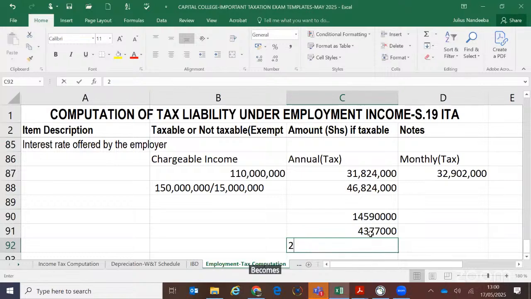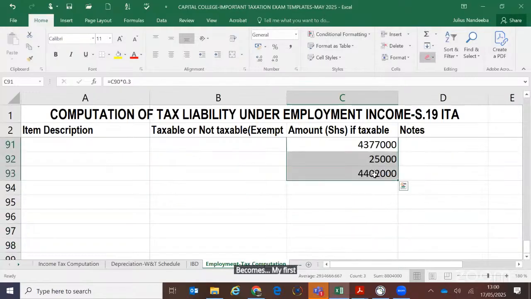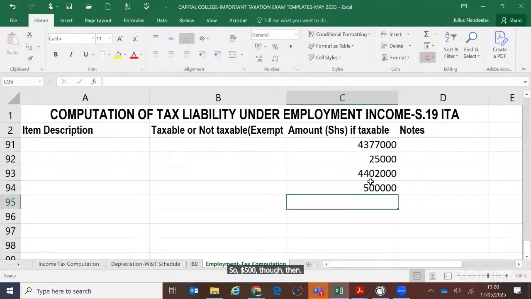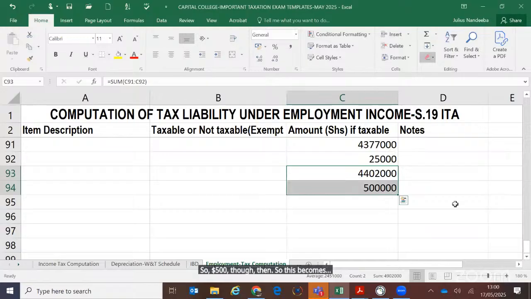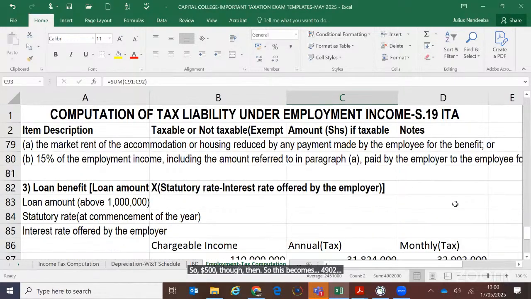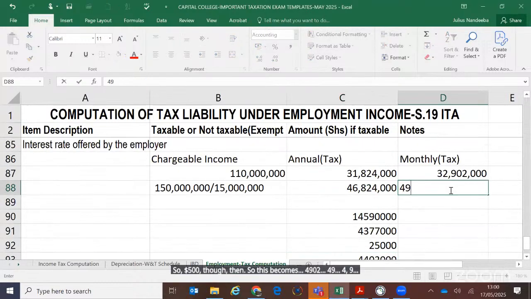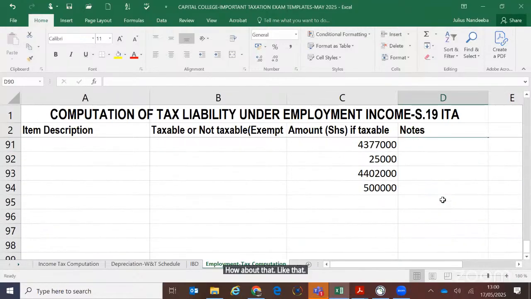My first A becomes 2,000-something. And then I need to add the 10% portion. Huh? 500,000 is 15 minus 10. I don't know where I was getting the 300. So 500,000. So this becomes 4,902,000. Like that. Great.